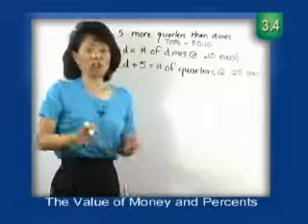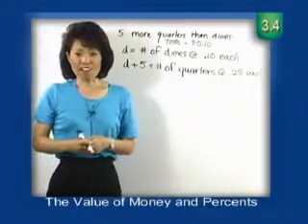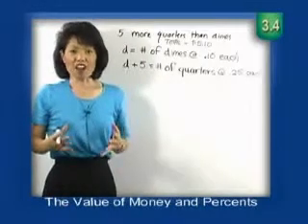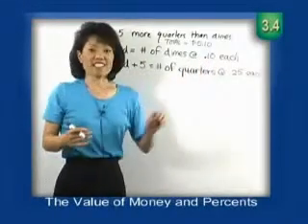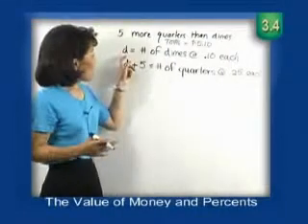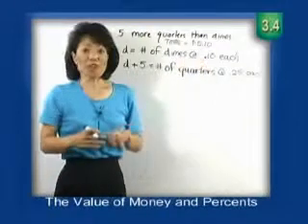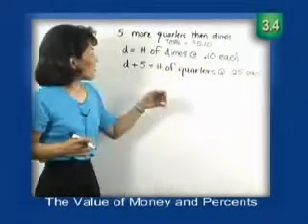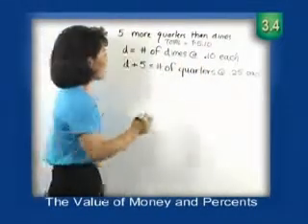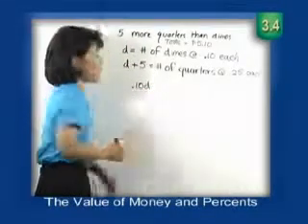Now, I'm sure you know that if you were to have, for instance, 5 dimes in your pocket, you would take the number 5, multiply it by 10 cents to get 50 cents. So the number of dimes times the value of the dime will give you how much money you have. In her case, she has d dimes at 10 cents each, so write that as 0.10 times the number of dimes.